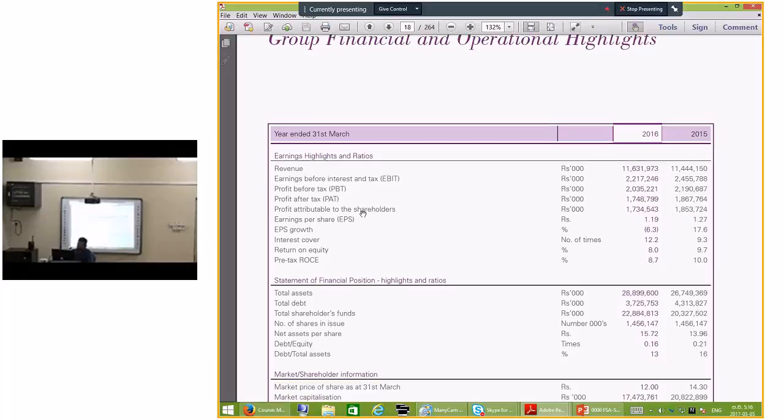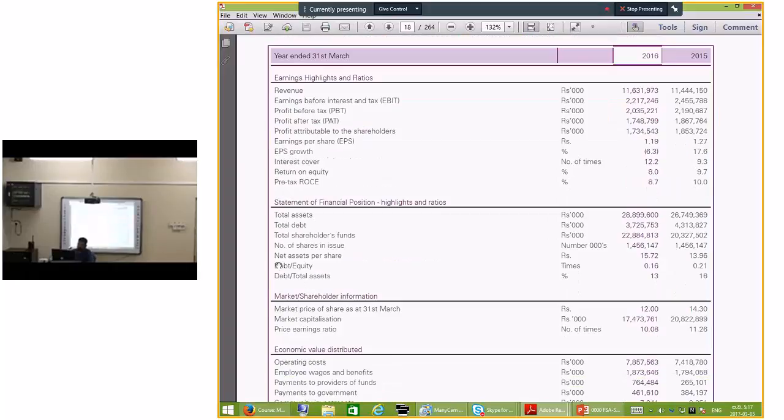Now you can see revenue, earning per share, the same structure because it is the same group, right? You can see revenue, earnings before interest and taxation, profit before taxation, profit after taxation, profit attributable to shareholders, earning per share growth, interest coverage, return on equity, pre-tax return on capital employed, right?